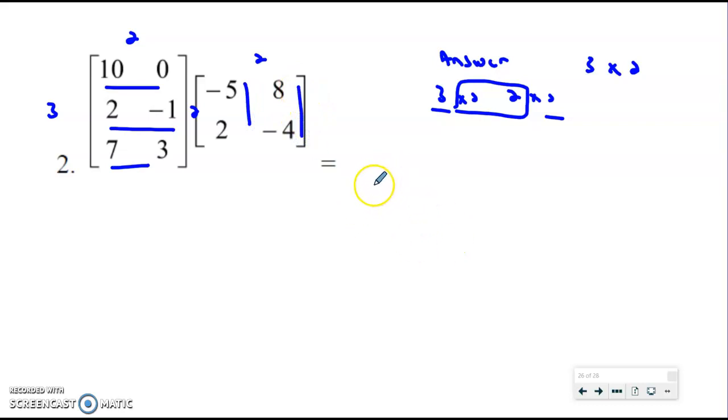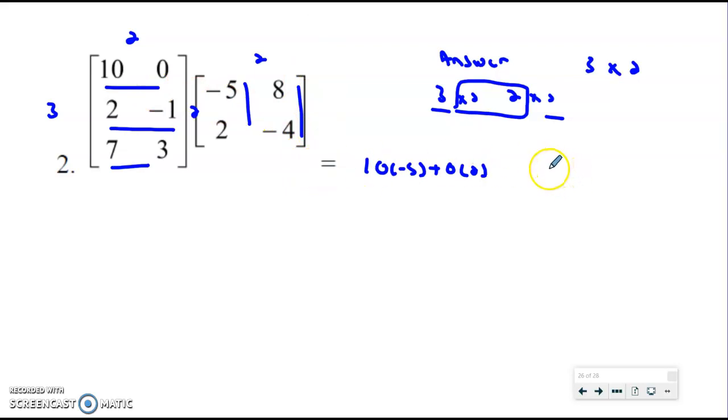Since I have a 3 by 2 matrix, I'm going to take row 1 times column 1. So I'm going to take 10 times -5 plus 0 times 2. And then I'm going to do row 1 times column 2.